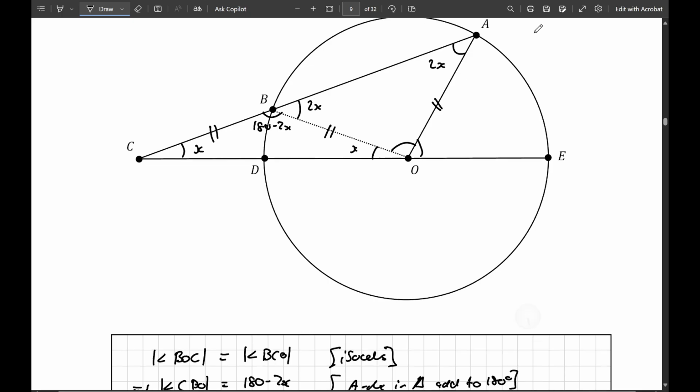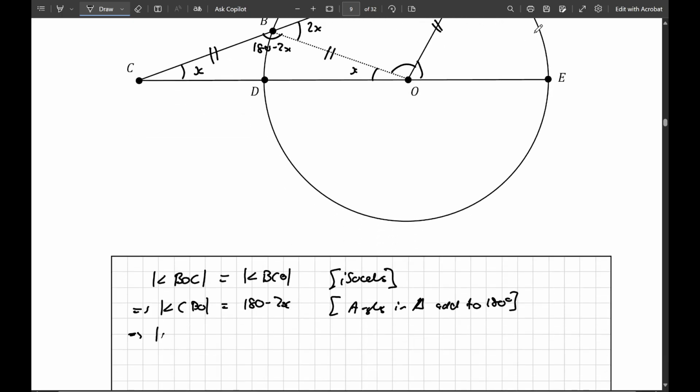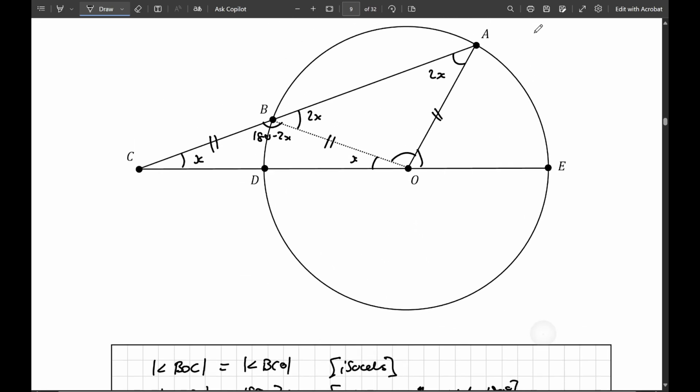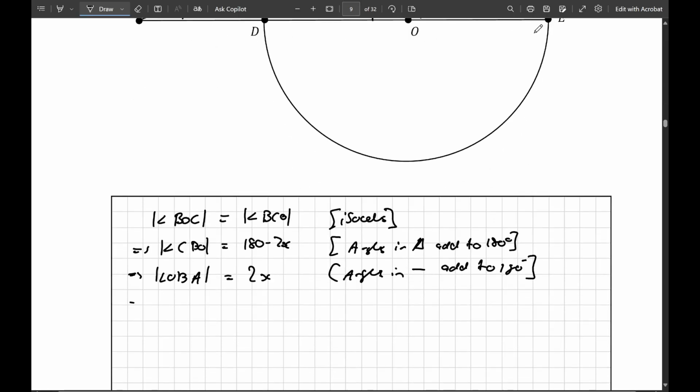Okay, so the angle OBA is 2x, since angles in a straight line also add to 180 degrees. And the BAO is equal. So BAO is equal to OBA, again because it's an isosceles triangle.